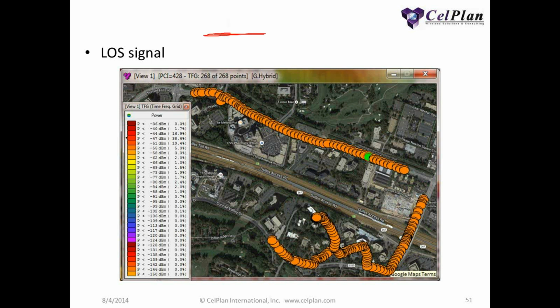What we are showing here is one capture in line of sight, and another capture here where there is no line of sight. Just to exemplify, of course, because we have a very short window. And here we have the legend with the different power levels that are applied to the next screen.